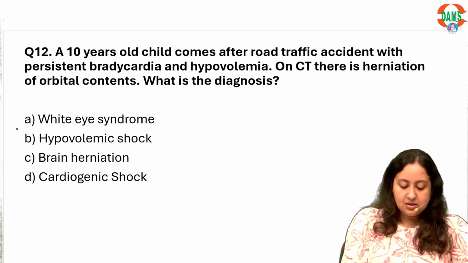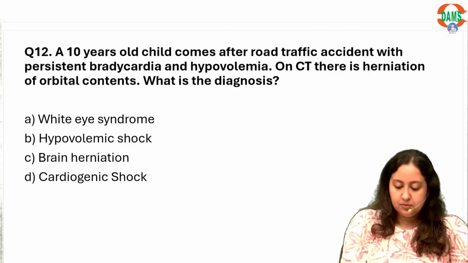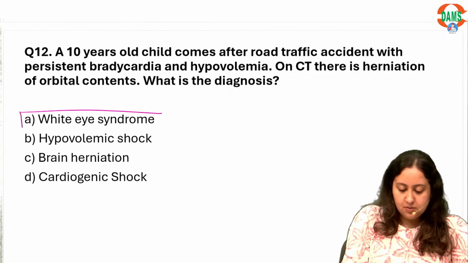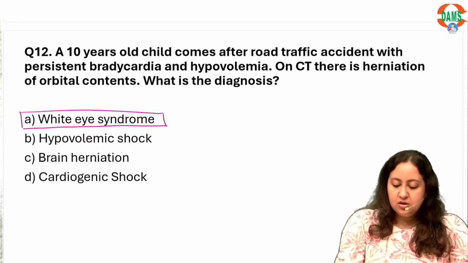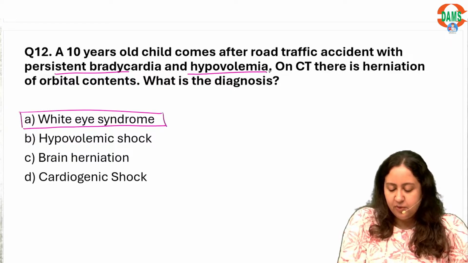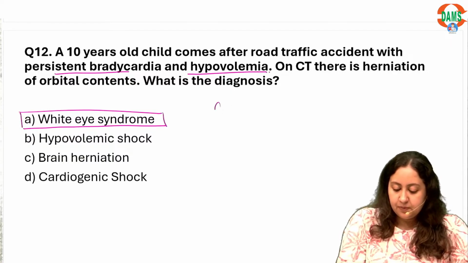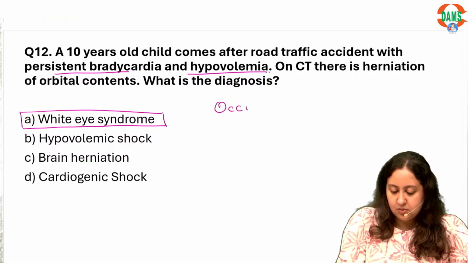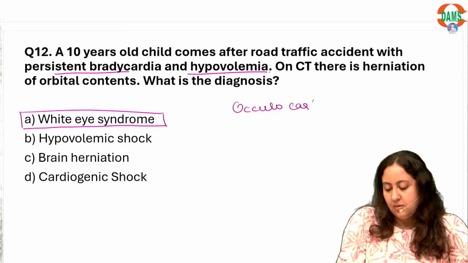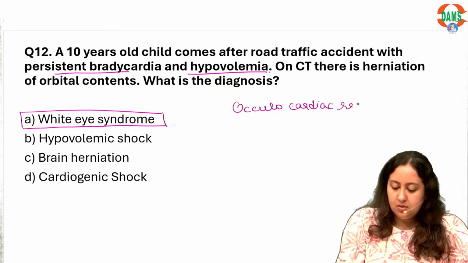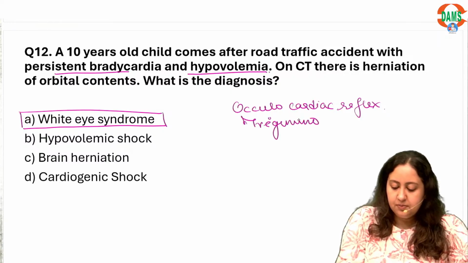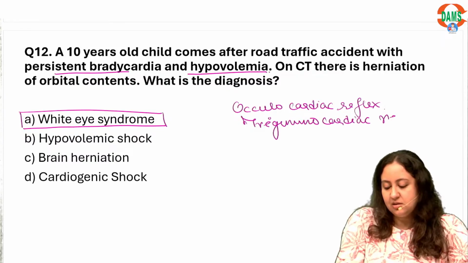Yes, the correct answer is white eye syndrome. Here the question is telling you persistent bradycardia and hypovolemia. So there's something known as the oculocardiac reflex or trigeminocardiac reflex.